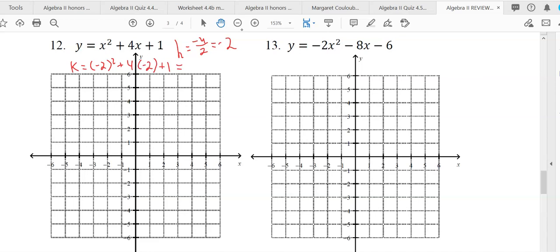So it's going to be 4 minus 8, which is negative 4, plus 1 is negative 3. So I know my (h, k) is at (negative 2, negative 3). My a value is 1, so I know to go over 1, up 1, over 2, up 4: 1, 2, 3, 4, over 2, up 4: 1, 2, 3, 4, and I've got my parabola.